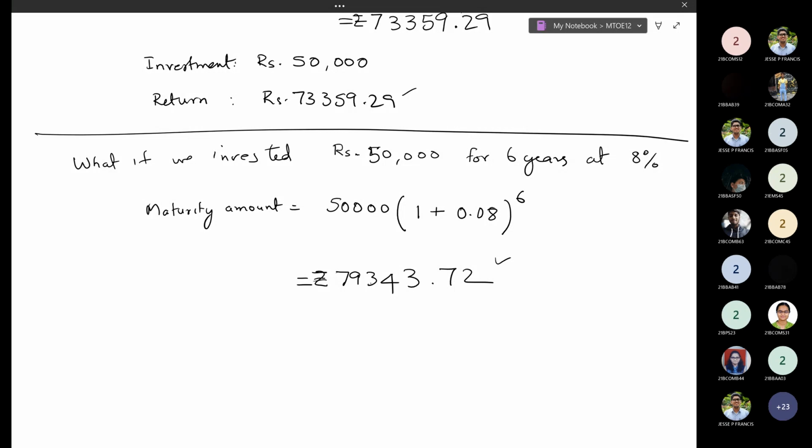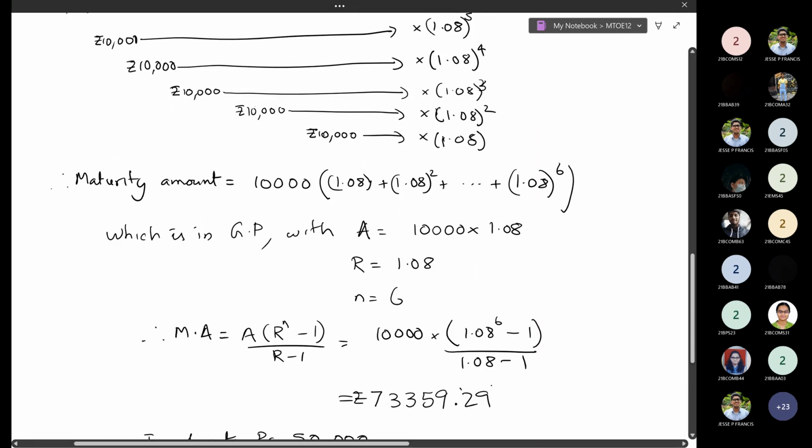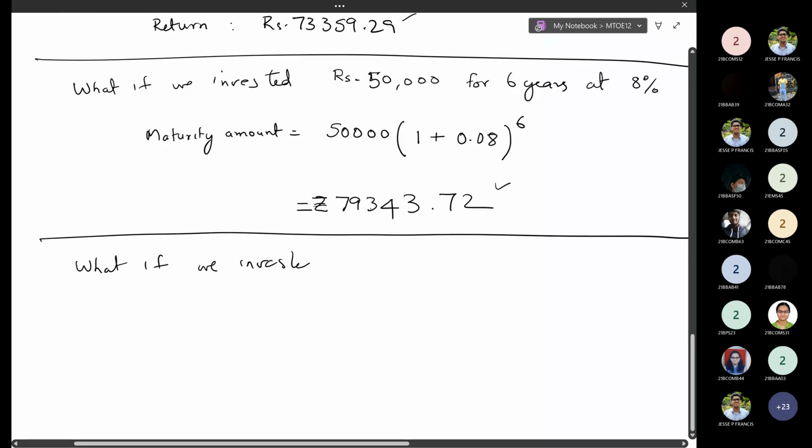Let's see. Suppose here you are putting 10,000 per year for 5 years to get the maturity amount. What if instead we saved up all rupees 50,000 for 3 years and deposited it together at 8%?